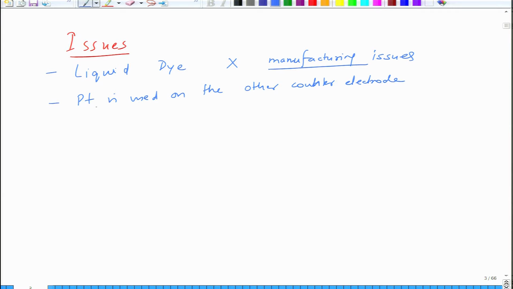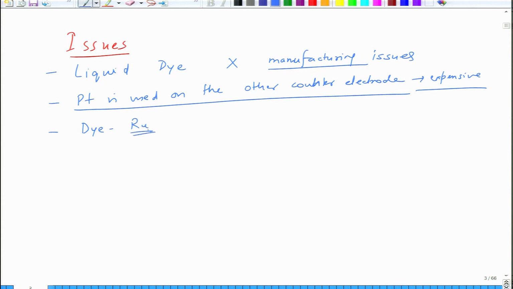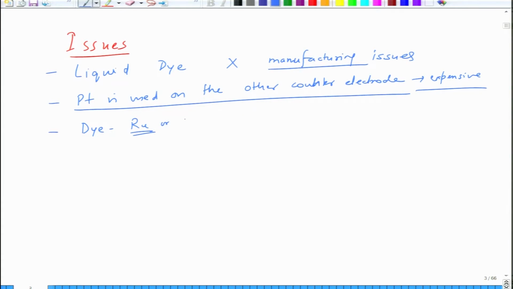Platinum is used as a sort of catalyst, and this platinum is expensive. And then we also have these dyes which are ruthenium based. Ruthenium is not a very widely available element, so it would be nice if we have dyes based on simple elements. They contain ruthenium or osmium, which are expensive elements.